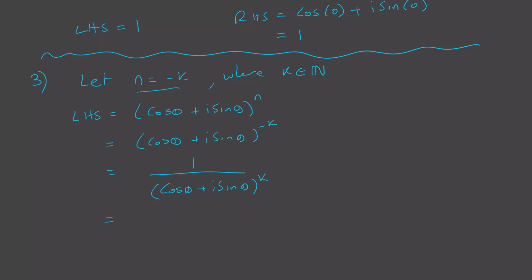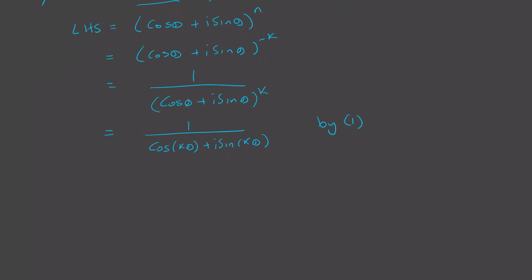And that is equal to 1 over (cos k theta + i sin k theta). And that's by part 1, where we proved that this is true for positive integers.